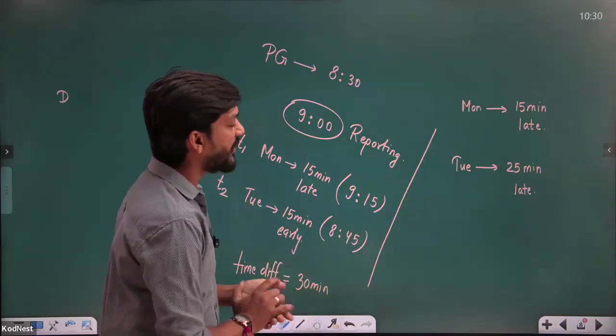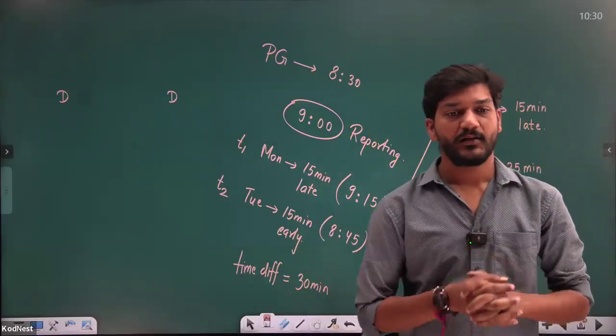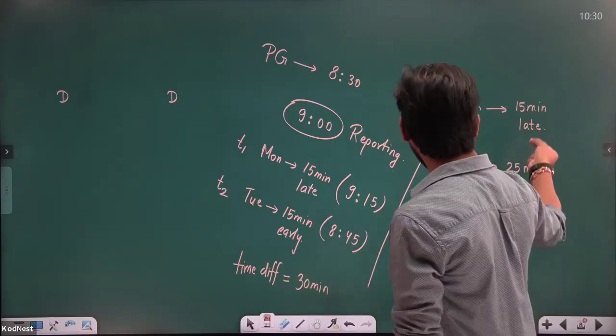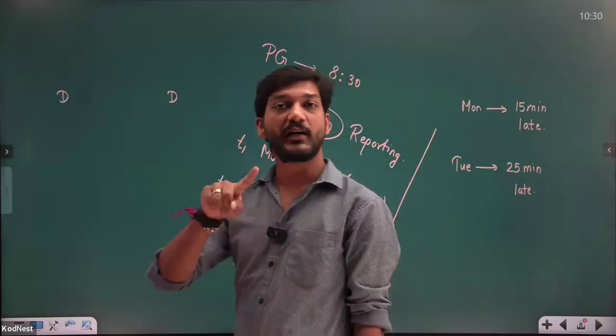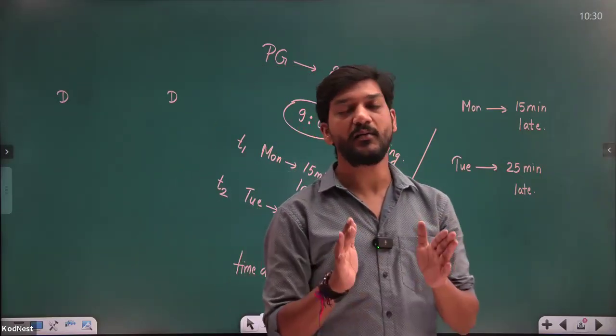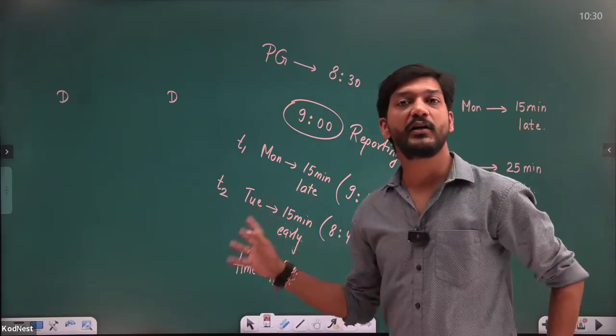Okay, how come 10 minutes? So Monday you are reaching at 9:15 and Tuesday you are reaching at 9:25. So 9:25 and 9:15, the difference is how much? 10 minutes. So this is what will be given in the question.